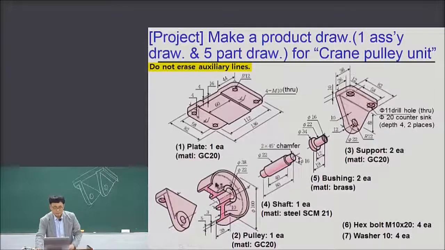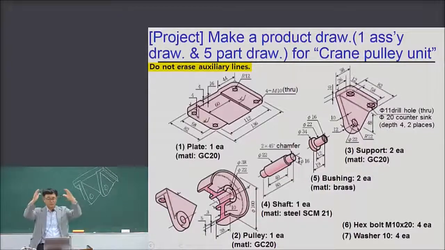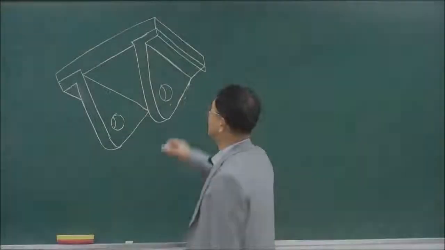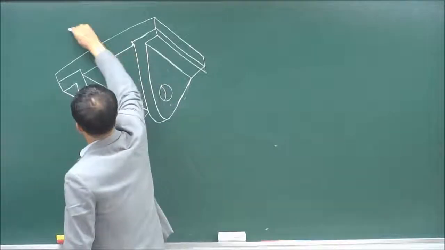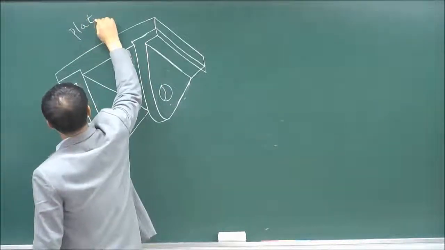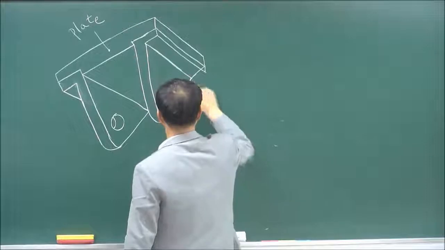So you have to finish the 1 assembly drawing. Now I'm going to the blackboard mode. I will show you the whole shape of this crane pulley unit. Now this part is a plate, and this is the support.